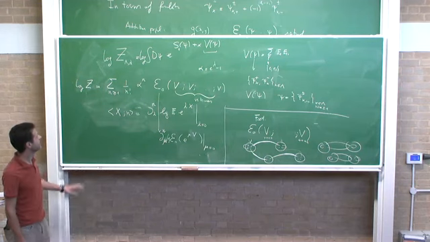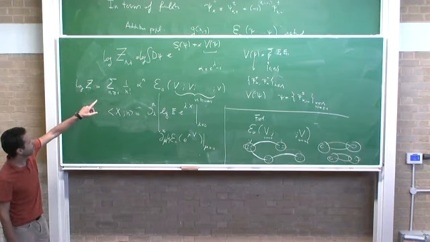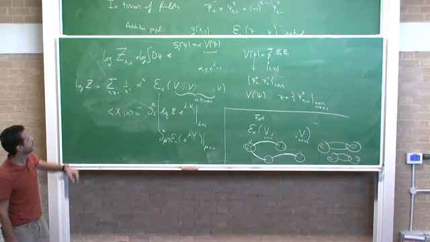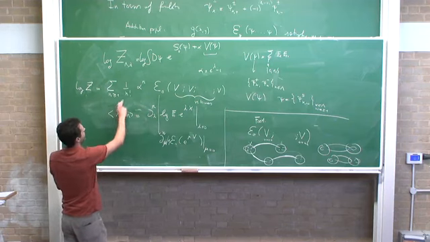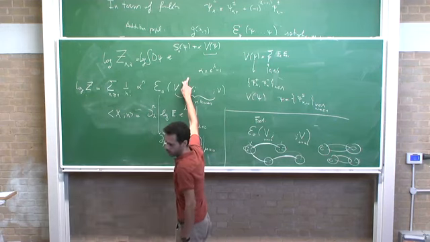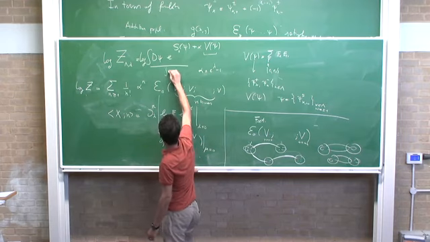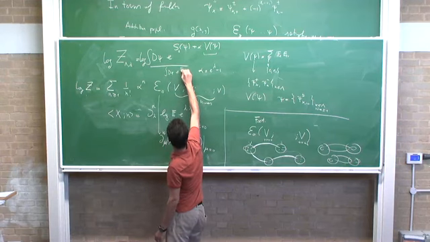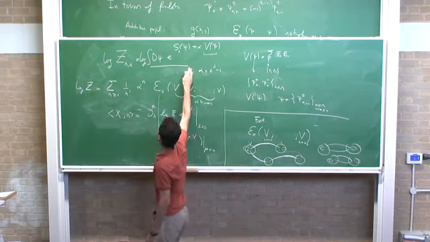Another comment: you're missing the n equals 0 term, which is the non-interacting partition function. Yes, because you have to divide and multiply by the Gaussian part. So if I divide here, then it's correct without the zero term. But then you have to divide also on the left.